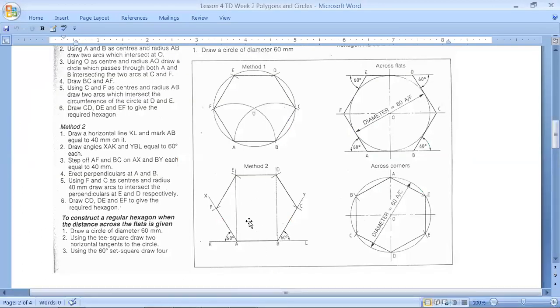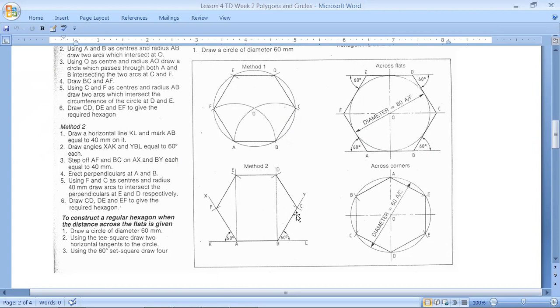This second one here, also, you know the length of one side, right? AB. Suppose AB is 40. On AB 40, we're going to draw a 60-degree angle.